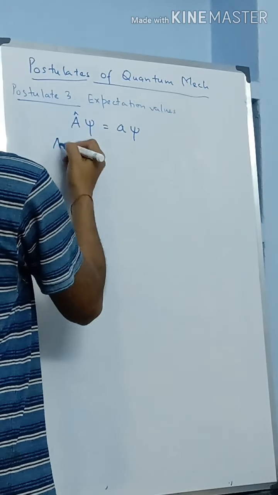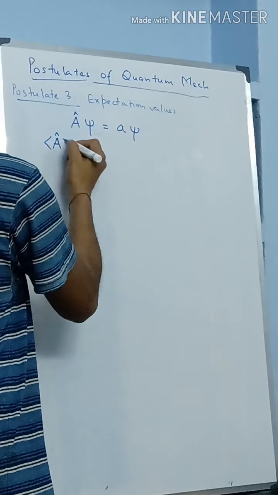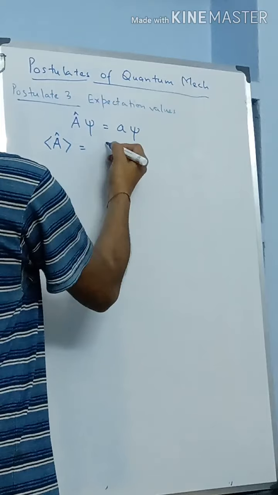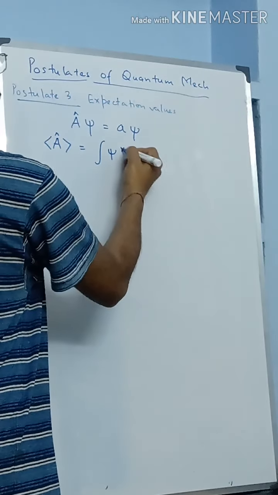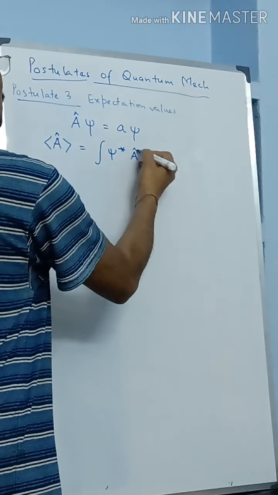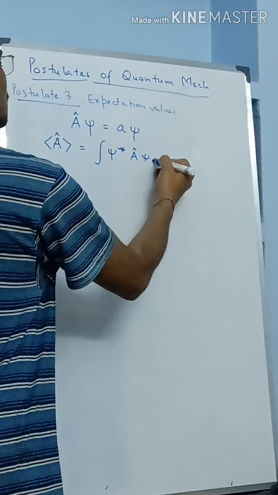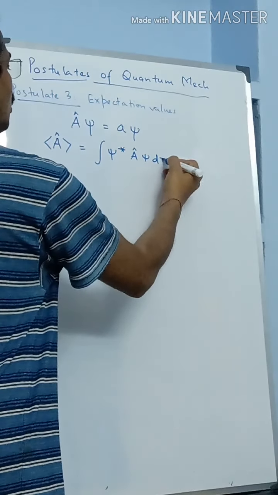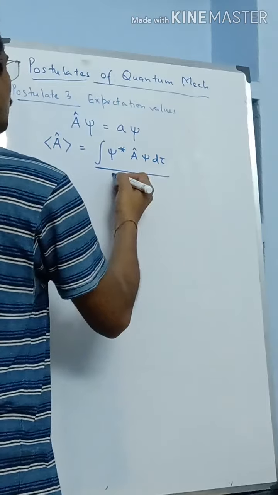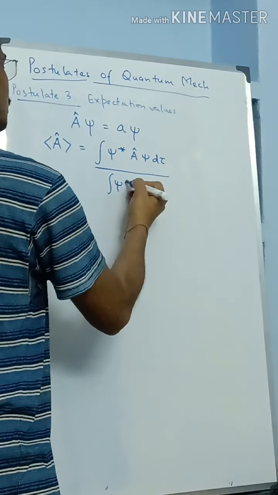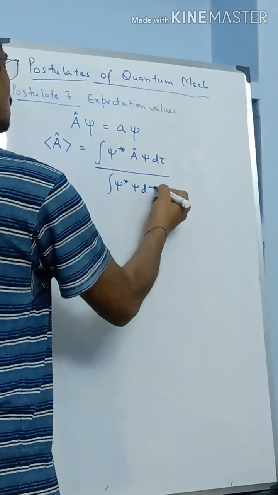Then according to this postulate, the average value is given by the statistical definition, which is nothing but ψ* A ψ dτ, where dτ is the elementary volume, divided by ψ*ψ dτ.